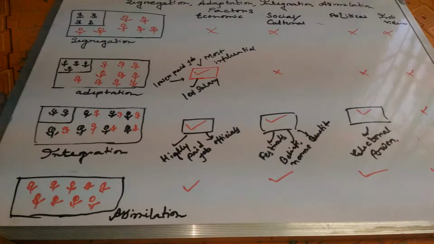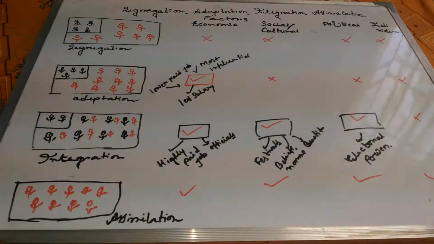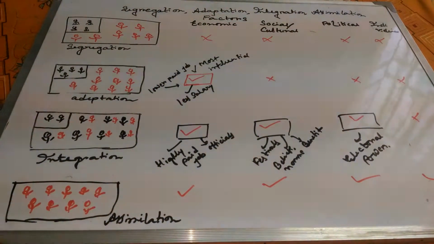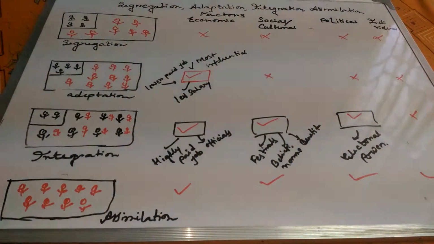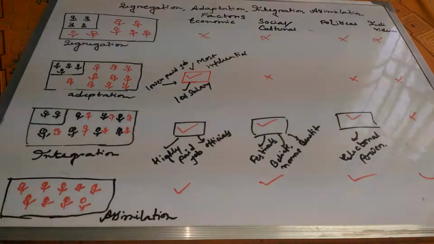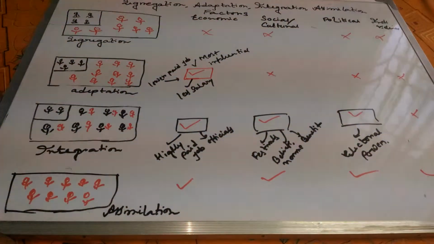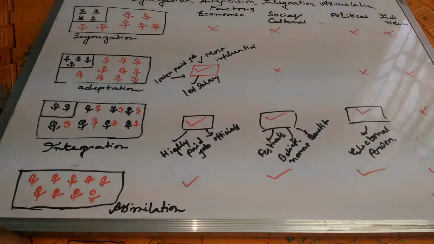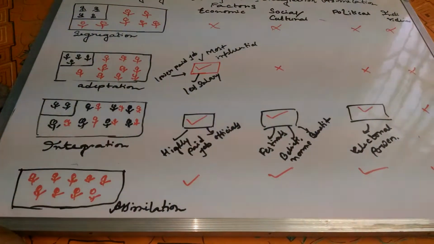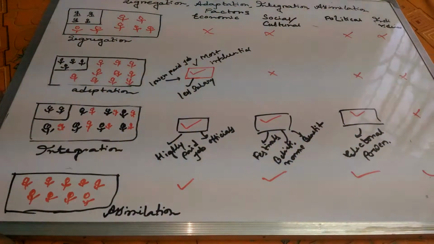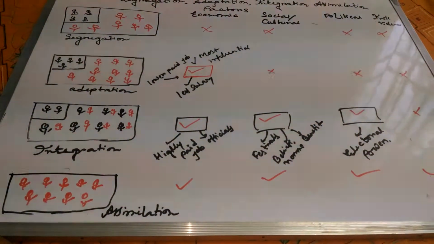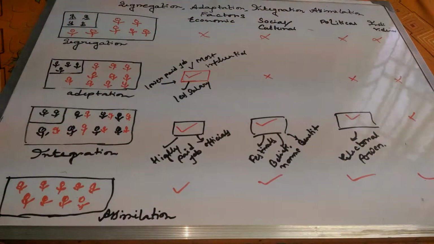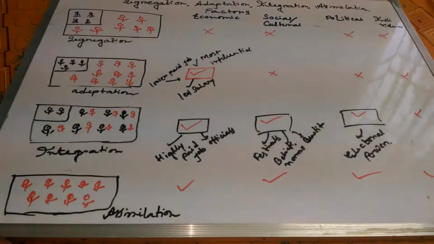And in the integration level, this time not only the social and neighborhood culture or friend circle has played an important role, rather the political approach of the government has played an important role. Because when you give the immigrants the chance to vote to choose the highest officials, the highest bureaucrats, the highest political figure of your country, at that time they feel that yes, they are part of the country.